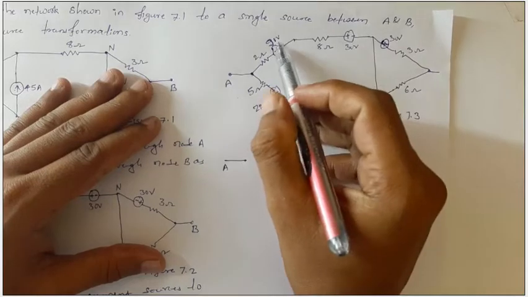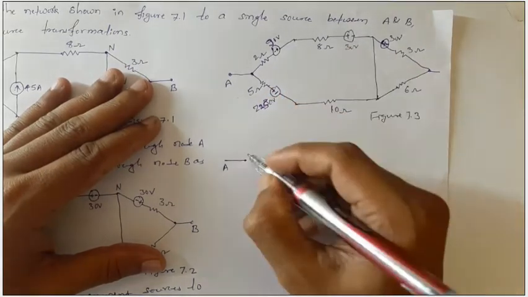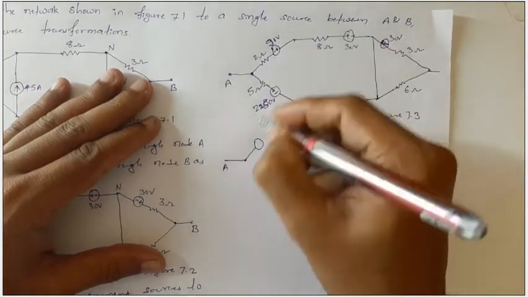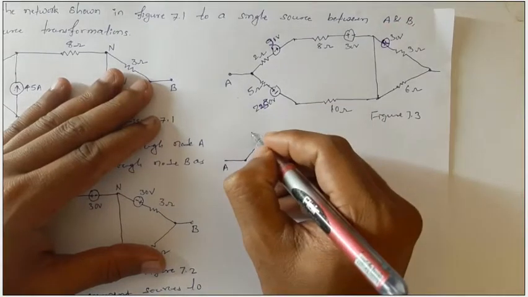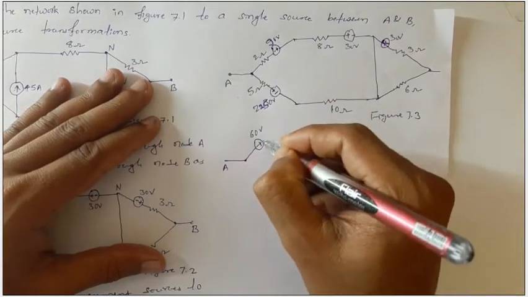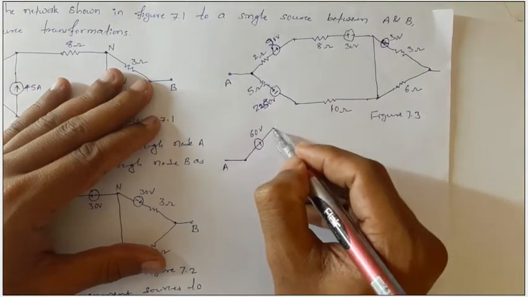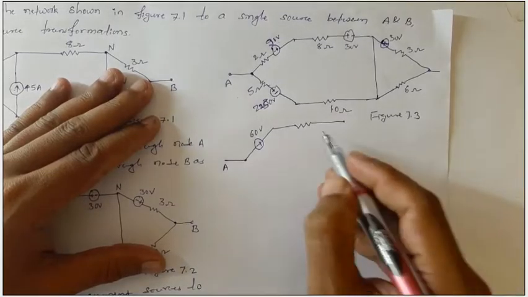Obviously this voltage source and this will subtract. Because this is larger, I'll take the sign of this as minus plus. 90 minus 30 is 60 volts, and this is 2 plus 8 is 10 ohm between this point and this point.